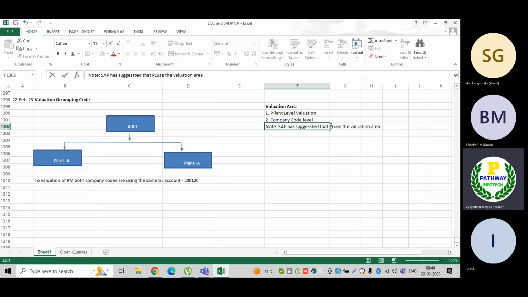Why has SAP suggested using the plant level valuation area? First we need to understand this one, then once it is clear for us, we'll jump into this one.